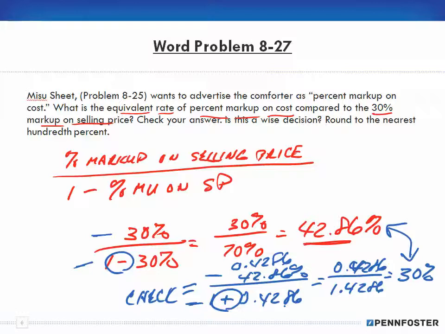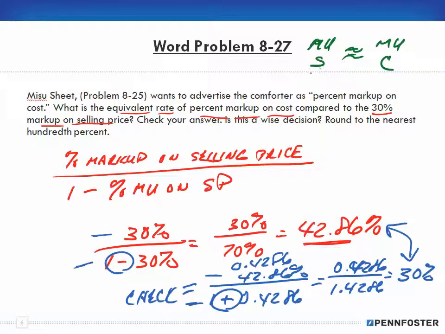Because in the previous problems we were doing this just straightforward, but now notice that in this particular problem we're actually talking about making the conversion of the markup based upon selling price and its equivalency of the markup to the cost.